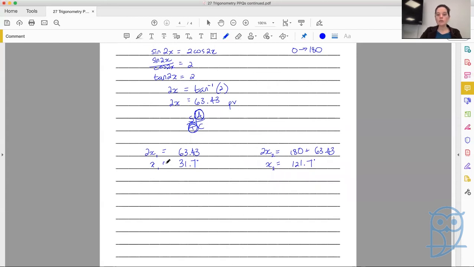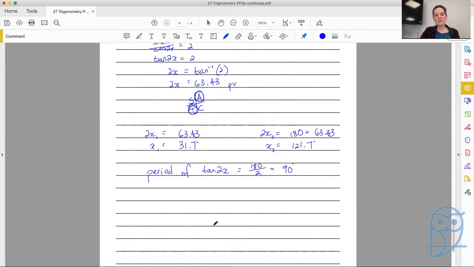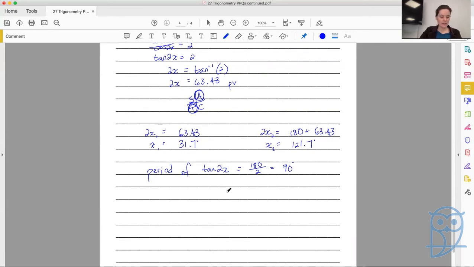So again, as soon as we've got our first two cost solutions, we do our period. Period of tan 2x equals 180 over 2 equals 90, and you should see it already. 121 minus 90 gives us the 31. So if we did an x3 of our x1, we would have 31.7 degrees plus 90.